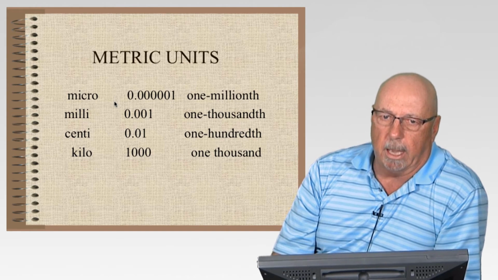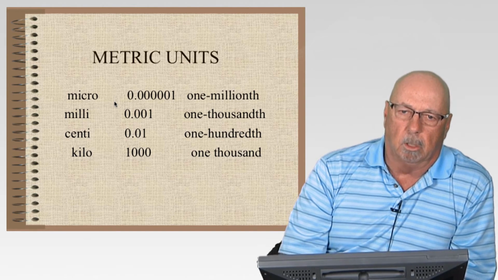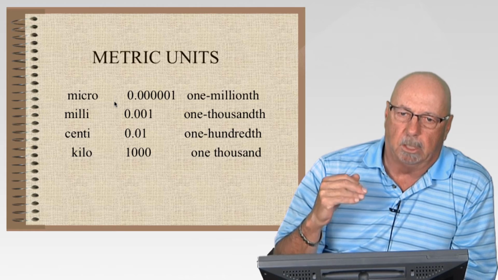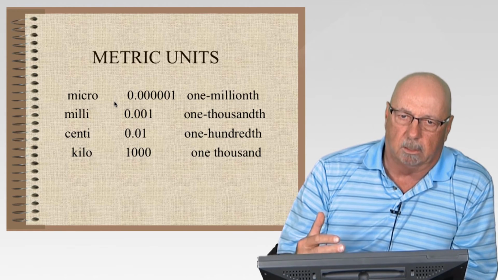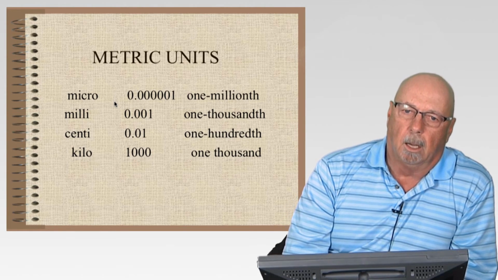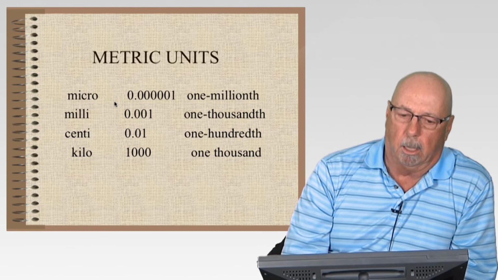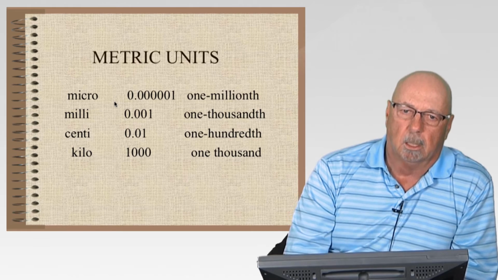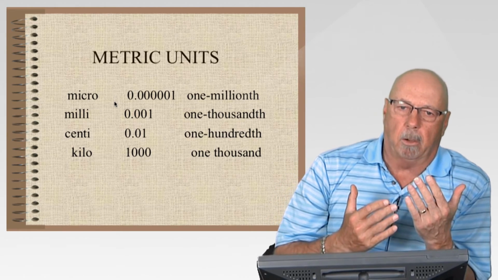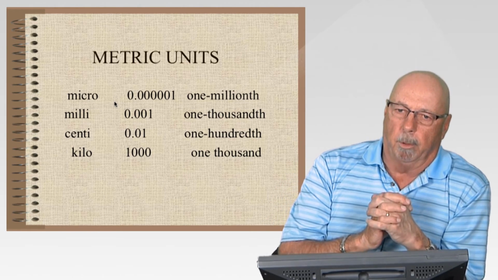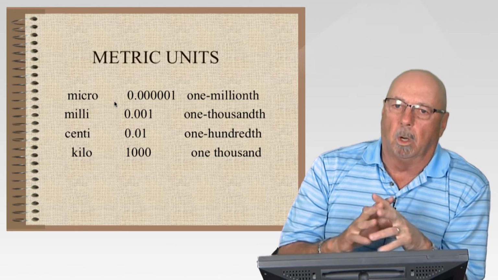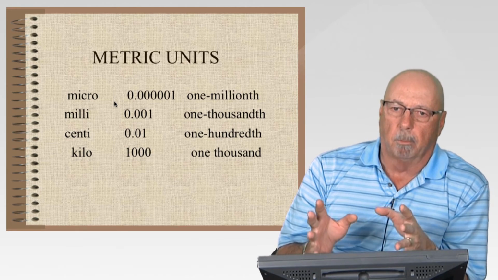Well, we want to take a look at units of measurement and make sure we all understand the metric system again, because we're going to use these terms in our units of measurement. Whenever we refer to micro, we want to remember a micro is equivalent to 1/1,000,000th of something.